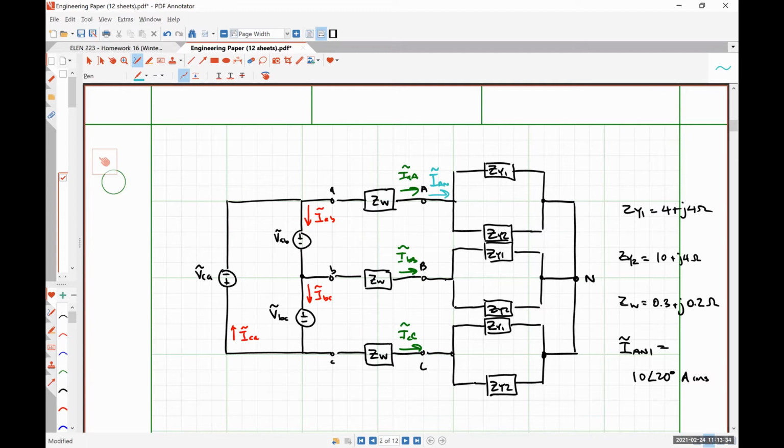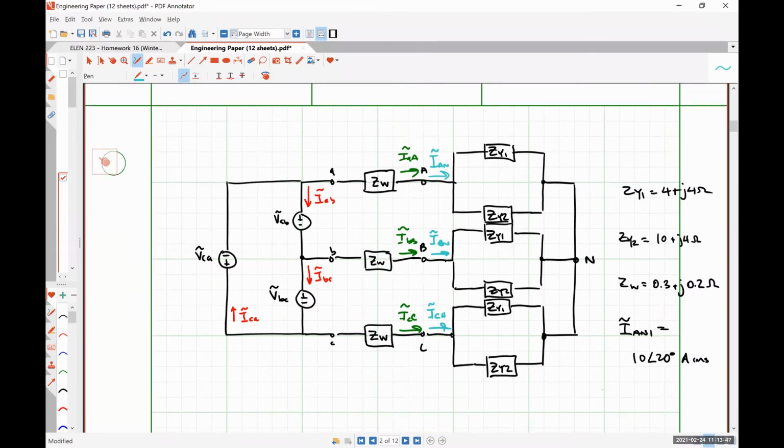I'm putting this as IAN without a subscript because it's going to be the total phase current, then IBN and ICN. So we're effectively working our way from the load side back to get our source quantities.